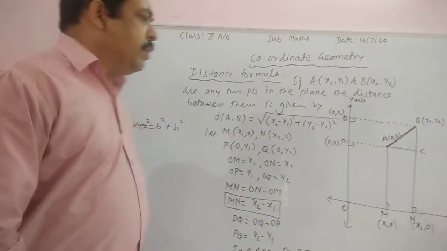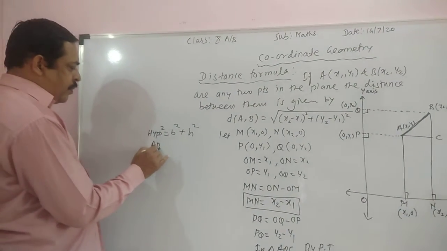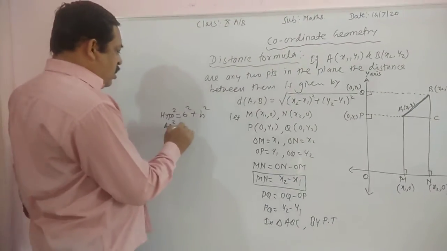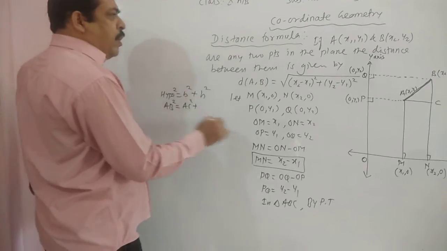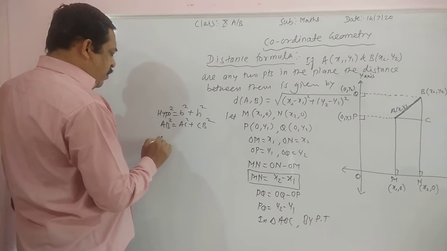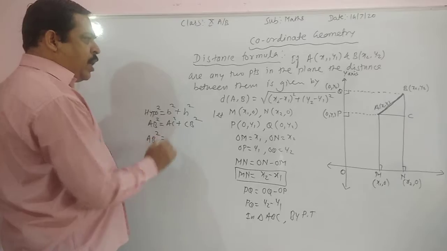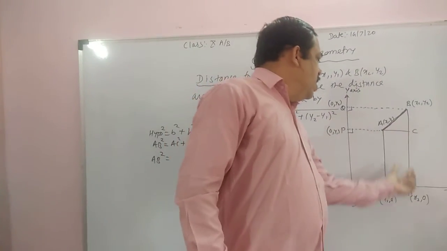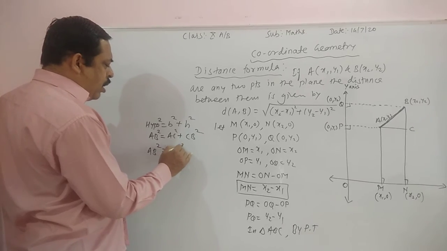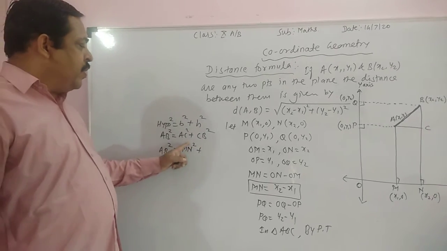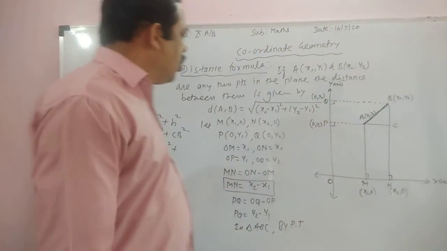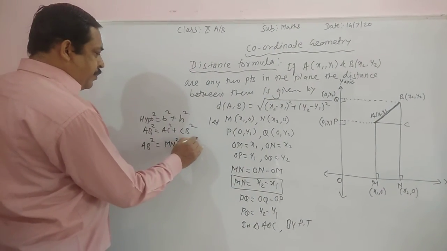Hypotenuse is AB, so AB square is equal to base AC square plus height CB square. But AC is equal to MN. Instead of AC, now I write MN square. And if you observe the figure, then BC distance is equal to PQ, so PQ square.